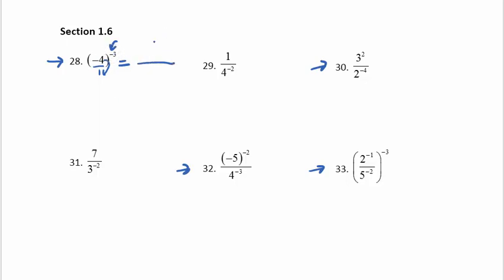So it would look like this. 1 in the numerator now, and it'd still be in parentheses, that negative 4 would be, but now it's going to be to the positive third power. And so now I want to figure out what negative 4 to the positive third power is. Let's see, negative 4 times negative 4 would give me positive 16. Positive 16 times negative 4 again would give me negative 64.